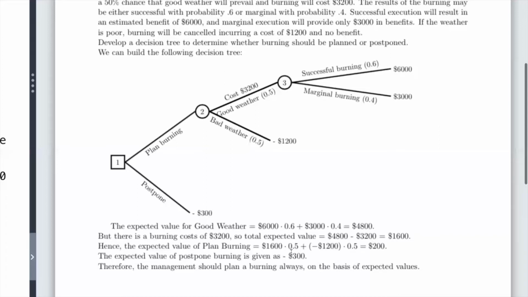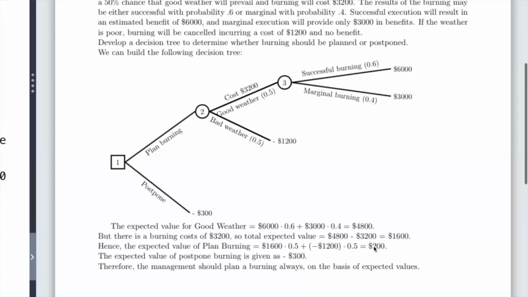We multiply it by the probability of good weather, which is 0.5, and then we add how much money we're going to lose in case of bad weather, which is 1,200 multiplied by the probability for bad weather, which is 0.5, and the result is 200. So the expected value of planned burning is 200, and the expected value of postponed burning was minus 300.